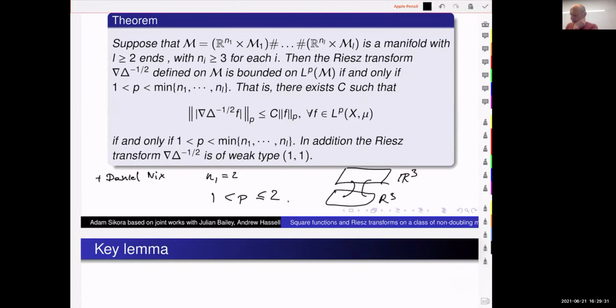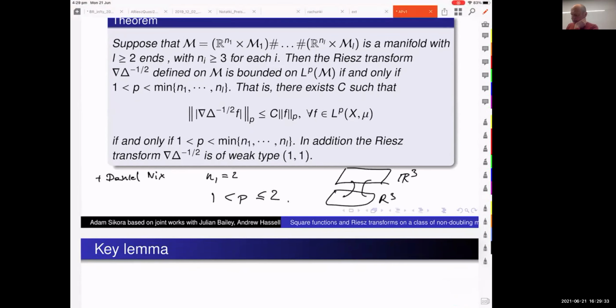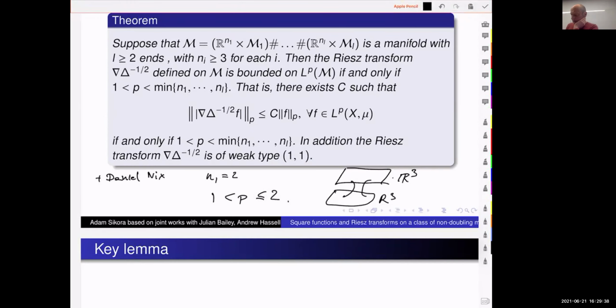You can think about a function which is the probability that you escape from the top end, right? It's a three-dimensional case, so if you start a Brownian motion on the three-dimensional space, then with probability 1 you will reach infinity, right?